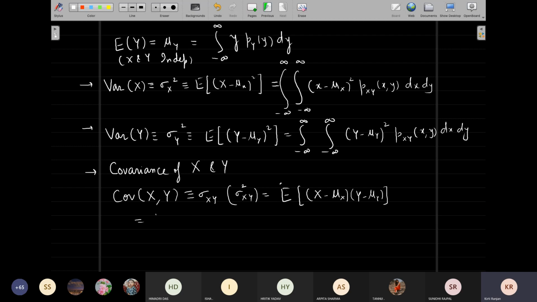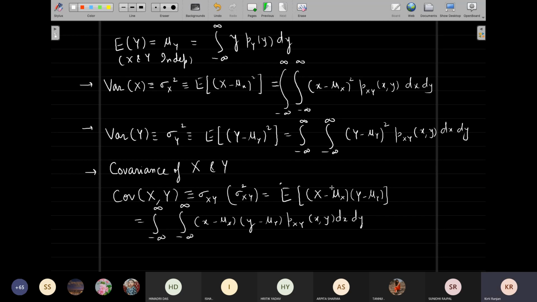So this becomes minus infinity to infinity, minus infinity to infinity, x minus mu x, y minus mu y, pxy, dx dy. So this looks rather lengthy, but this does not have any counterpart in the one-dimensional univariate one. So this is something we are trying to figure out, if one random variable is correlated with the other one or not.